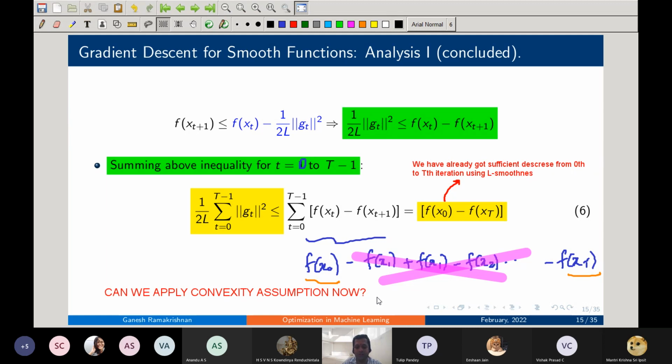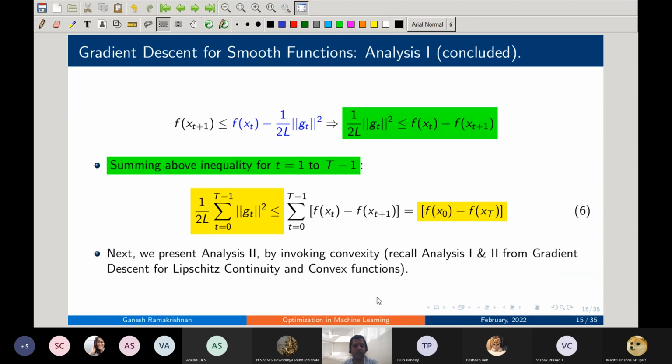Let's do that. Now, if you have to apply convexity, I'm going to make the derivations more and more crisp, because we want to build on what we derived in the last class, right? In the last class, you might recall that we had this analysis too for Lipschitz continuity and convex function. In fact, in the last analysis, we began with convexity, and then brought in Lipschitz continuity.